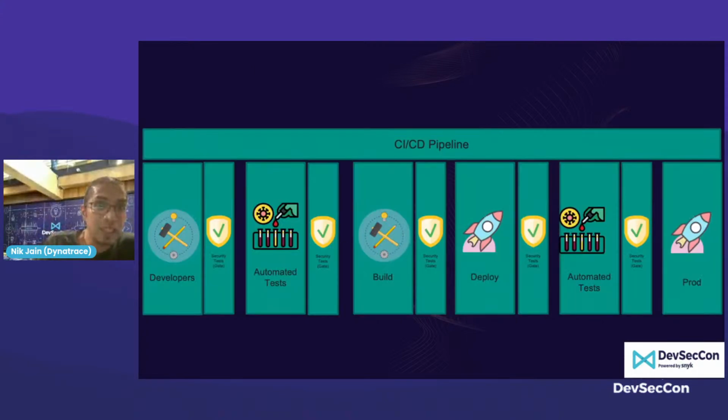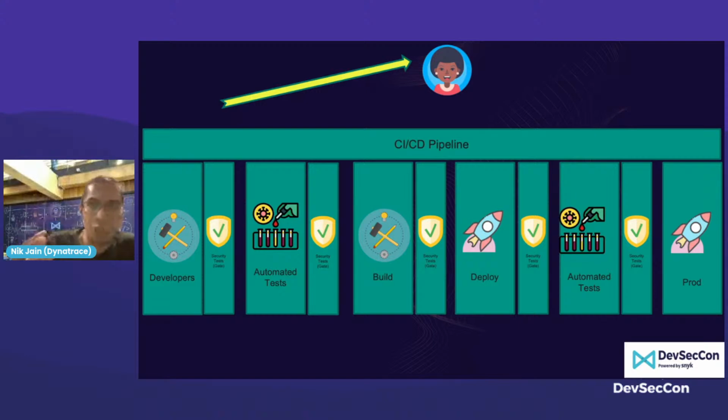So let's see, how does this reshape the CI/CD pipeline? Now, your developer is sitting at the top in that overarching function where they seek input, or rather output, from these various steps and stages. So firstly, at the pre-commit hooks stage, they will be receiving inputs.